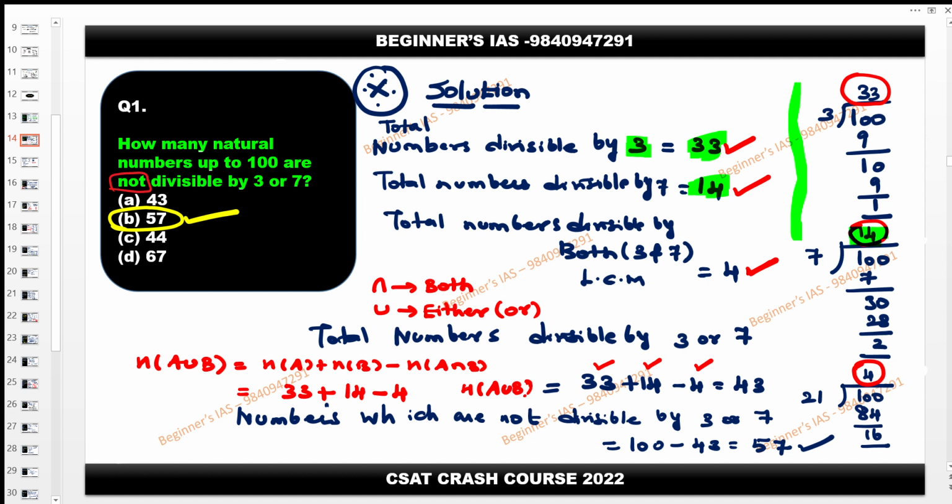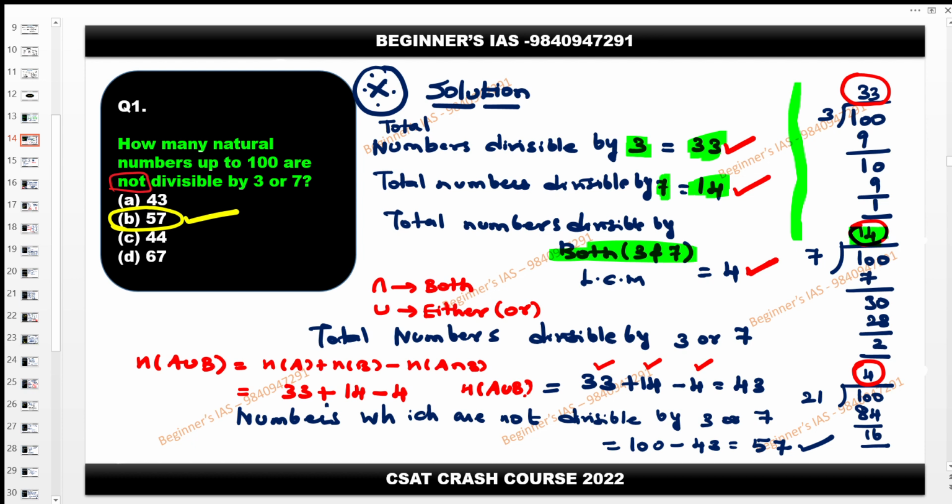There are some numbers common to both 7 and 3. Let me tell you a simple example: 21 is divisible by both 3 and 7. So take the LCM of these two first, which is 21. Divide 100 by 21, take the quotient. So therefore 4.